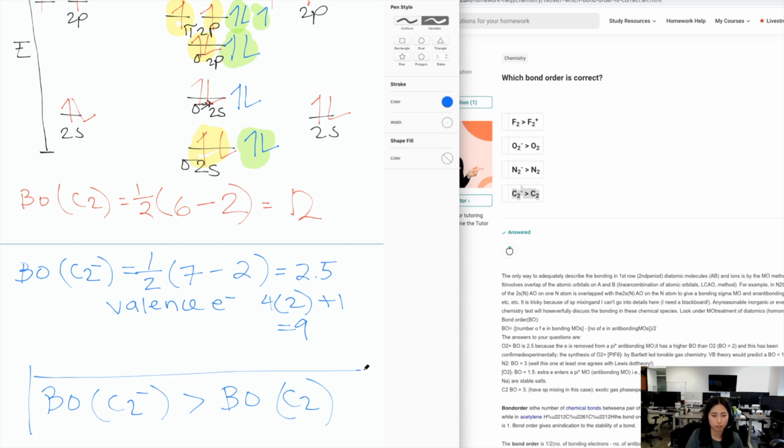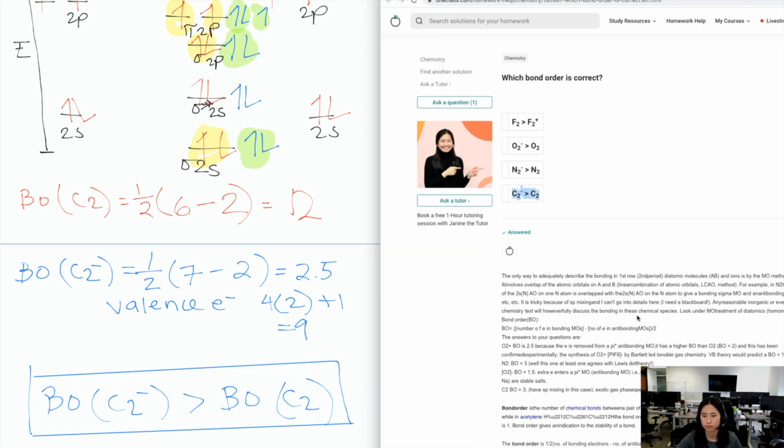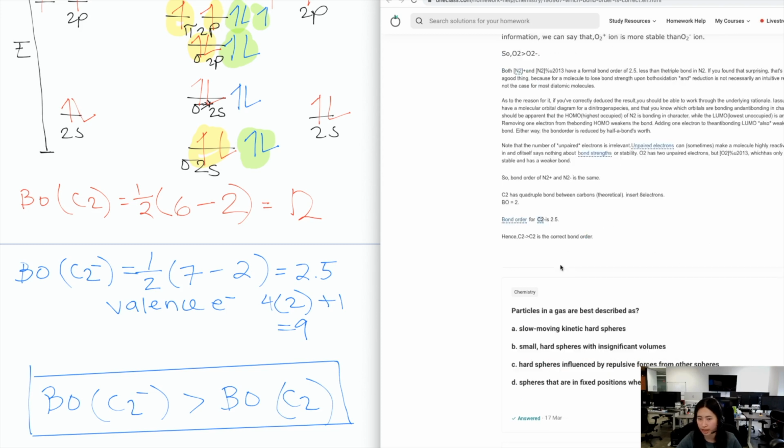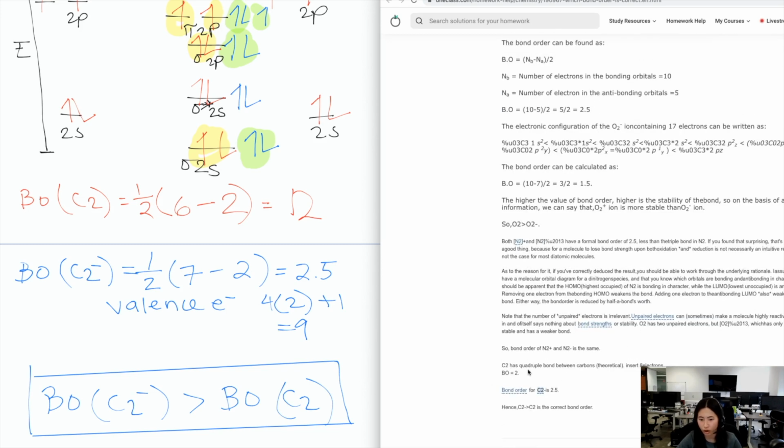So the bond order statement that is correct would be the last one, which is C2 minus is greater compared to C2. Okay, so just to make sure that what we have here on homework help is right. They're saying C2 bond order is 2, right?